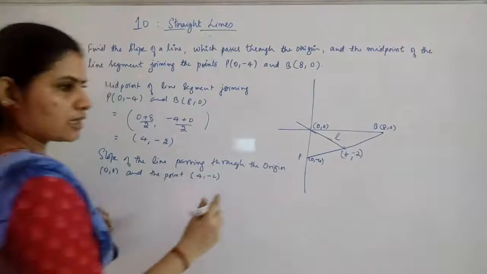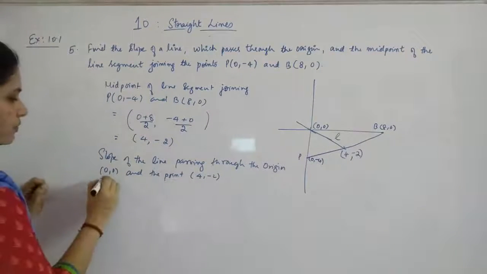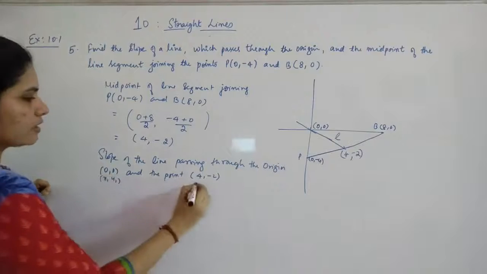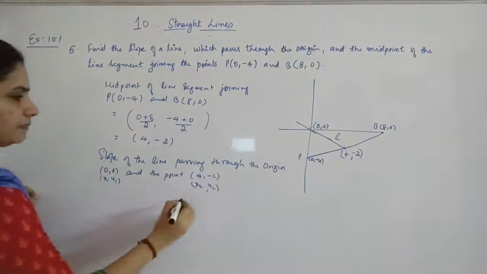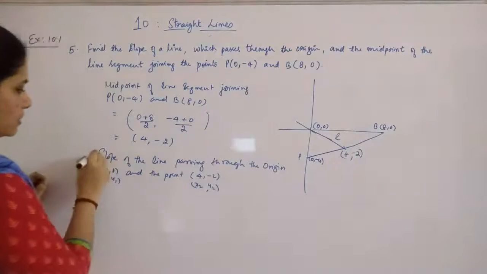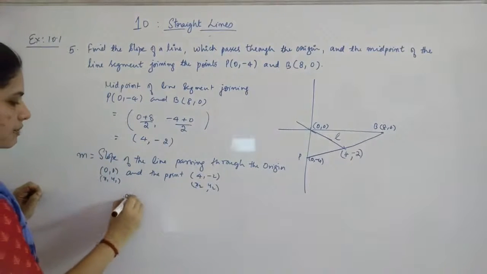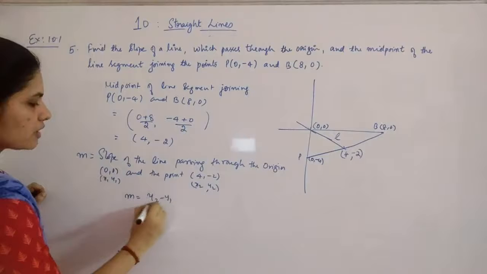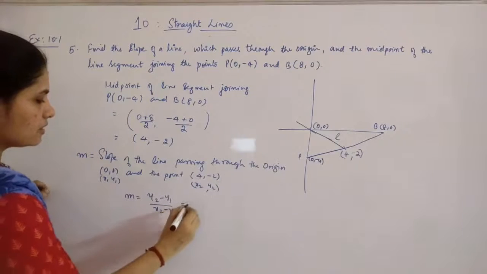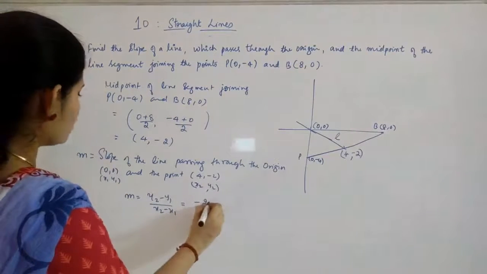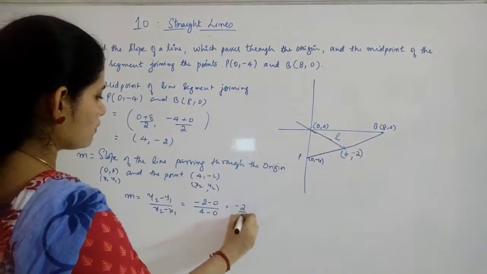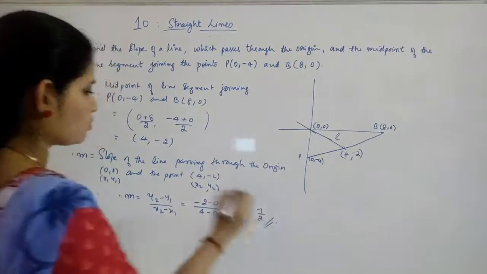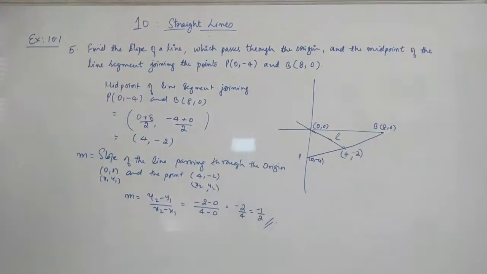If this is your (x1, y1) and this is your (x2, y2), the slope of the line is given by m, which is slope, m is equal to (y2 minus y1) by (x2 minus x1). So you will get -2 minus 0 by 4 minus 0, which is -2 by 4, which is -1 by 2. So the slope is -1 by 2.